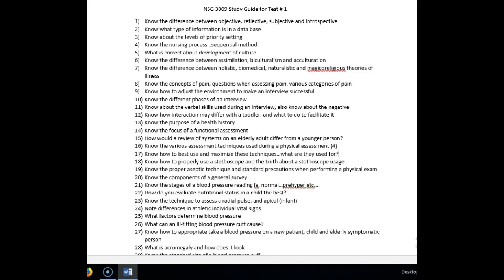When I talk about these techniques and the best use of these techniques and what they are for, which was question 17, you need to be aware of those things that I'm telling you, because they will be on the exam.